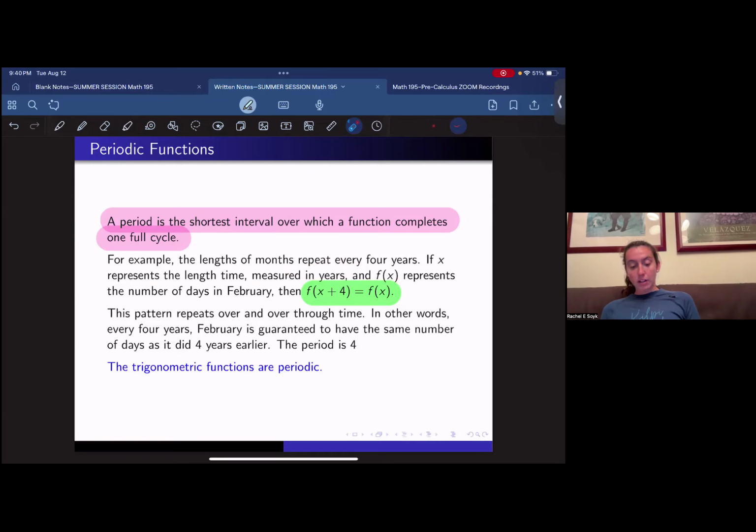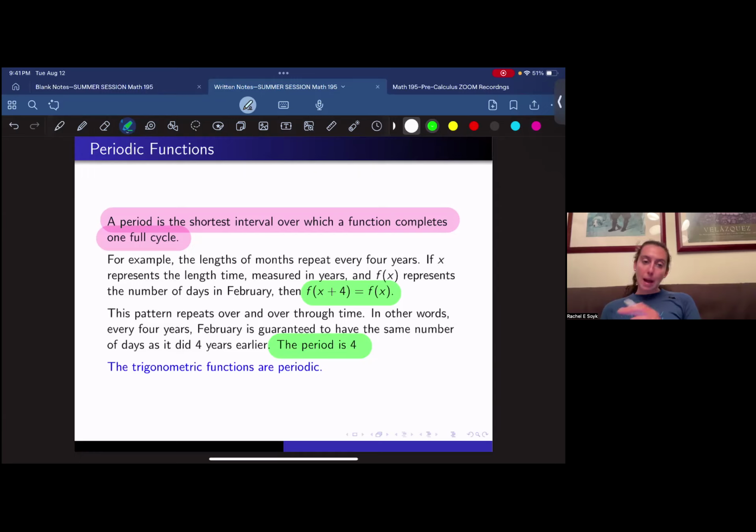In other words, every 4 years, February is guaranteed to have the same number of days as it did 4 years earlier, aka our period is 4.